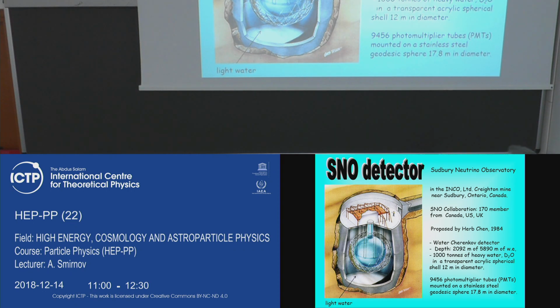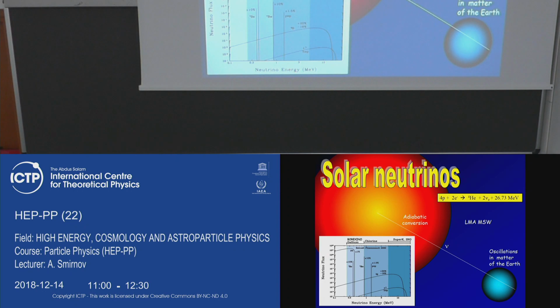So this is the way solar neutrinos were detected. And here are some parameters: about 1 kiloton of heavy water, which means D2O, deuterium instead of hydrogen. Well, some parameters, if you are interested, I can discuss this later. This is the solar neutrino spectrum, and what you can probably remember from here is the energy range, say from 0.1 to 10 MeV.